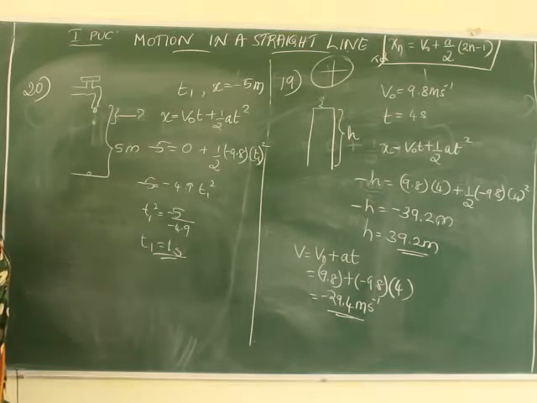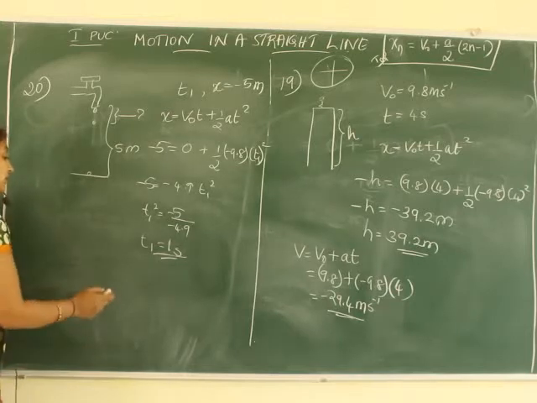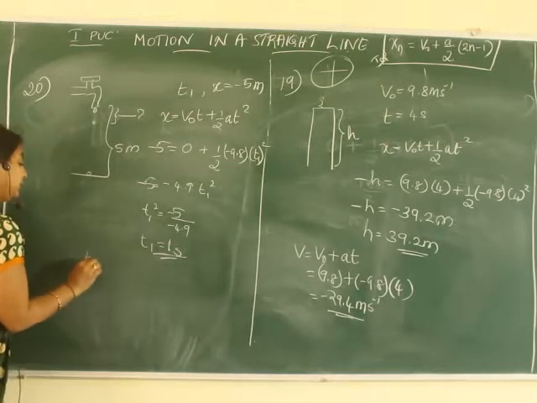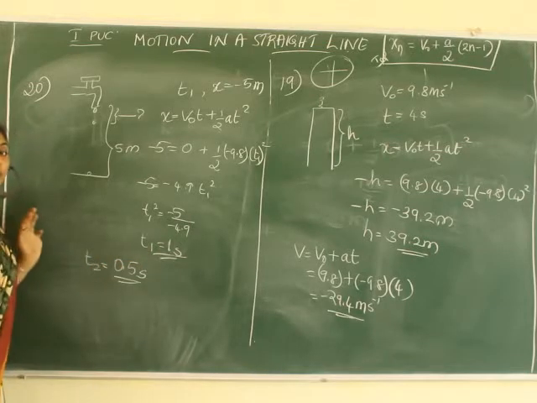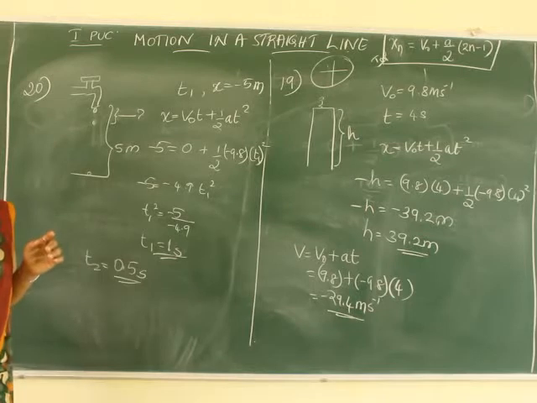So I can say the second drop falls for T2 is equal to 0.5 seconds, half of the first drop, correct?